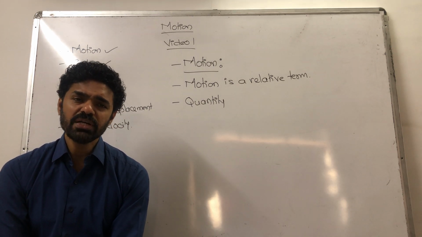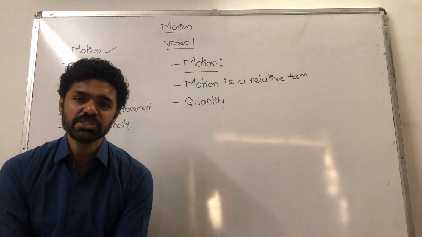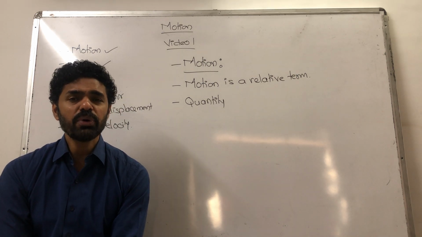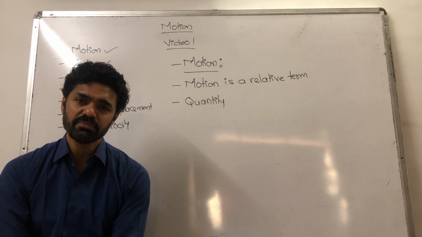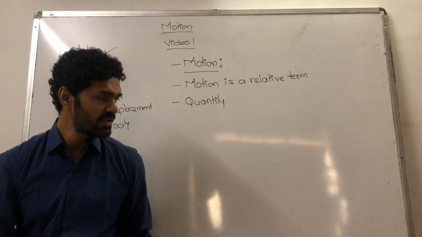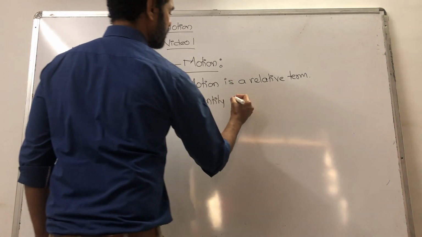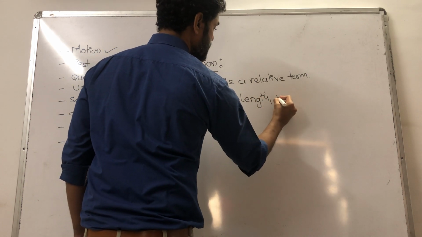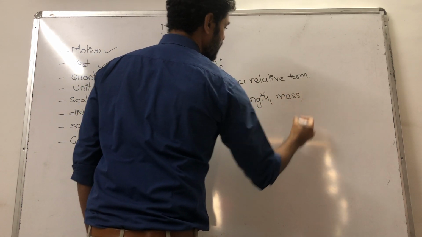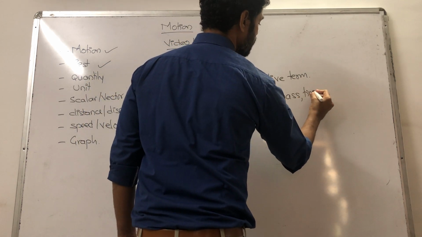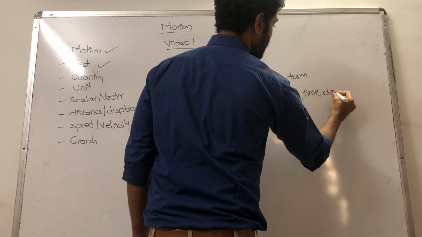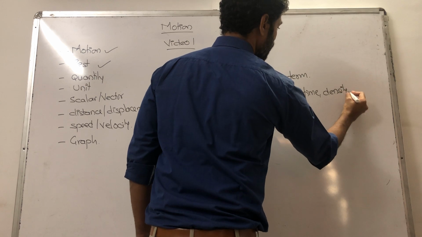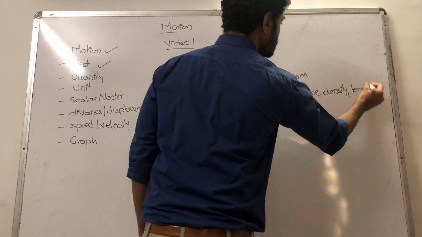In physics, quantity is anything which can be measured. If you can measure anything, it is a quantity. Like, we can measure length, we can measure mass, we can measure time, we can measure density, we can measure temperature.